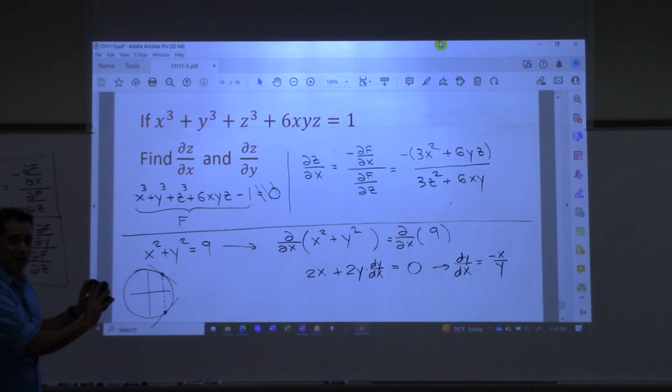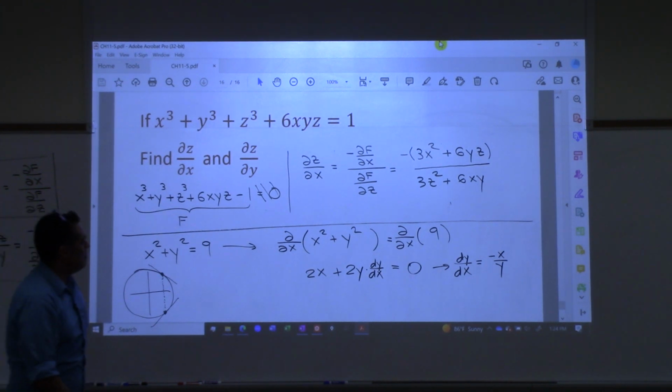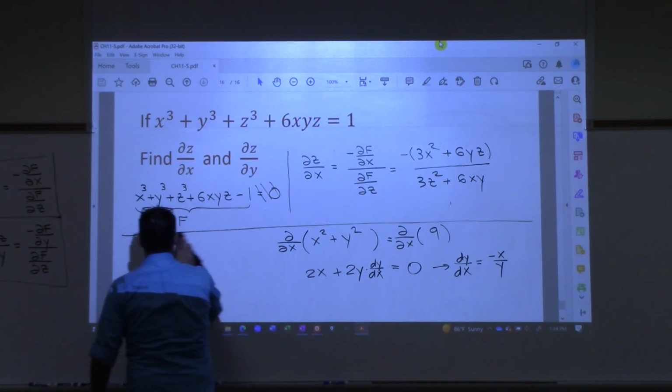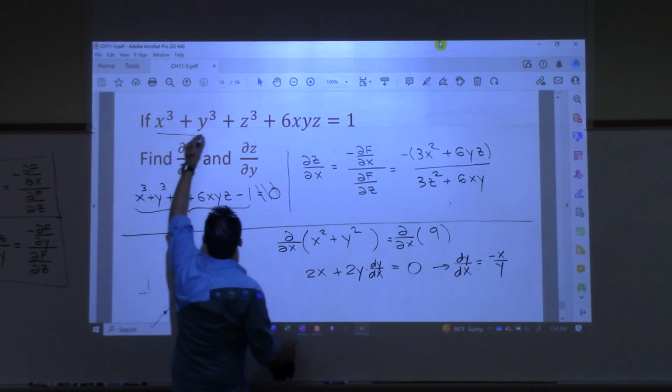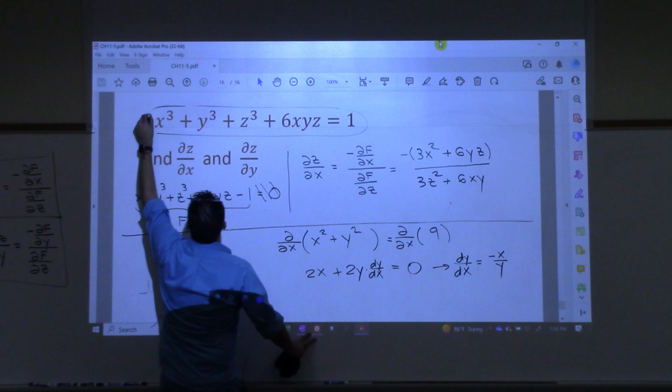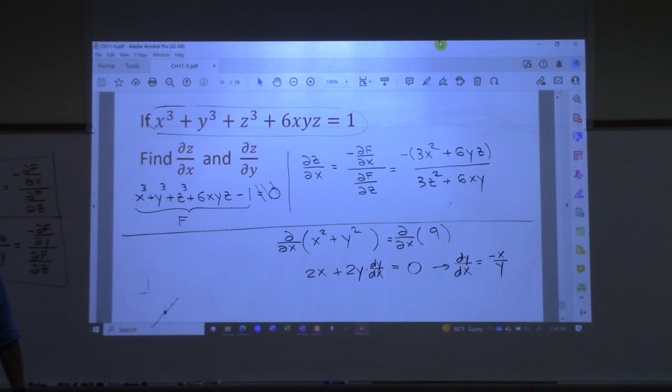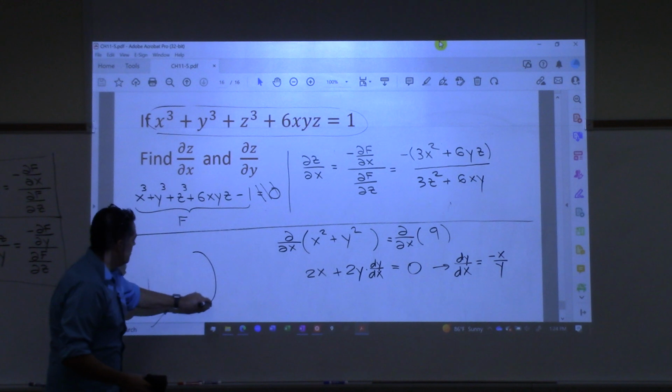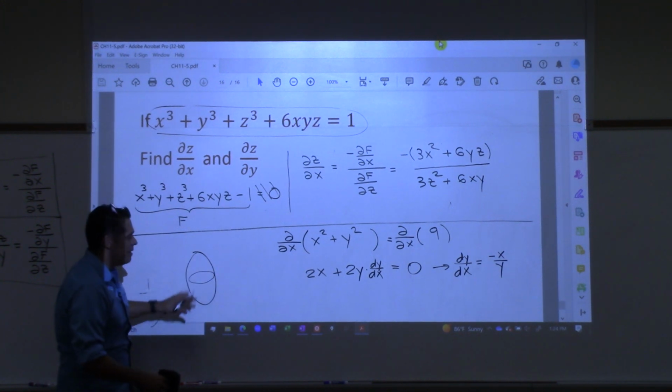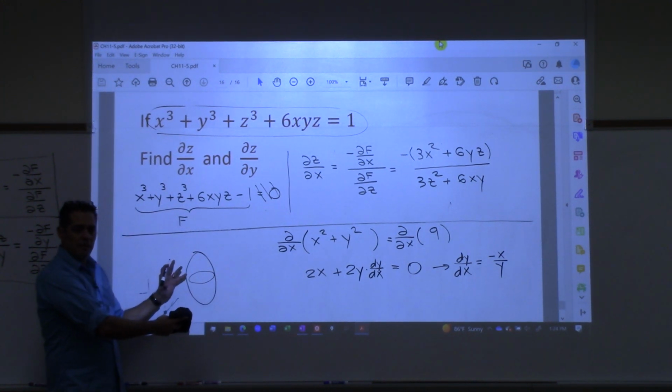We're doing the exact same thing right now. Look at this example. This is an equation with 3 variables, right? So we have a surface. Now this surface doesn't have to be a true function, it could be, I don't know, an ellipsoid, something like that. This is a surface.